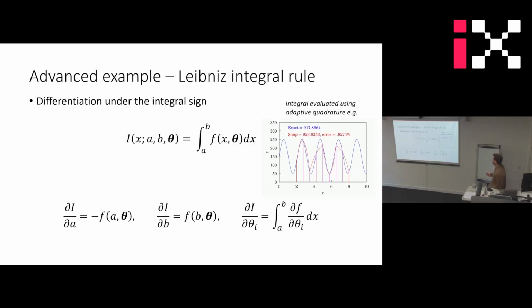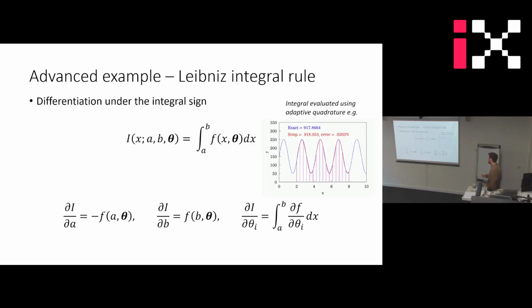If you can't do the analytic derivative, you're probably going to do it with something like adaptive quadrature, by which I mean you take the space between a and b and split it up into rectangles, evaluate the value of the integral, and keep on going until it's converged. That's the adaptive quadrature. It's got loops, it's got conditionals. So this adaptive quadrature isn't a straightforward program, but we want to be able to differentiate through it.